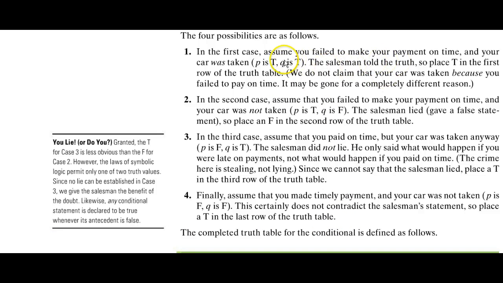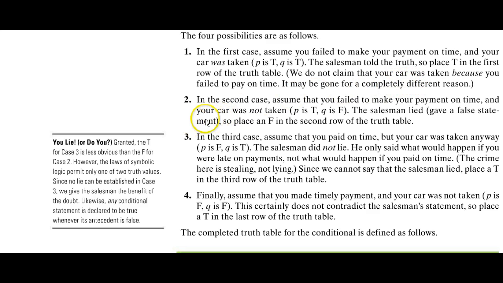So here, again, we assume you failed to make your first payment and your car was taken. So P is true. Now keep in mind, we do not claim that your car was taken because you failed to pay on time. It might have been taken for some other reason, or it might have been stolen.